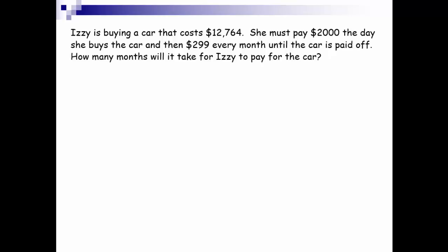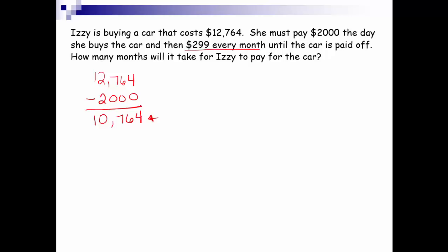Well, first of all, the car originally cost $12,764. That first day she's going to pay $2,000, so we take that right off the top, and that means she's financing $10,764. That's the amount she's going to be paying back. And each month she's going to pay $299 every month. How long will it take?